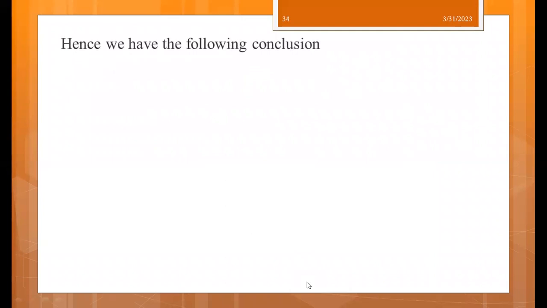So we have the following conclusion, or simply summary. The negation of for every x p of x is equivalent to for some x negation of p of x. That means in order to find the negation of this one, the universal quantifier is replaced by the existential quantifier, and we take the opposite, or simply the negation, of the open statement.